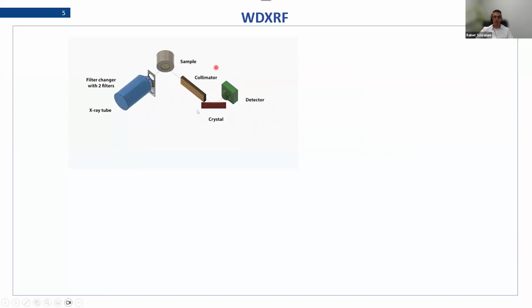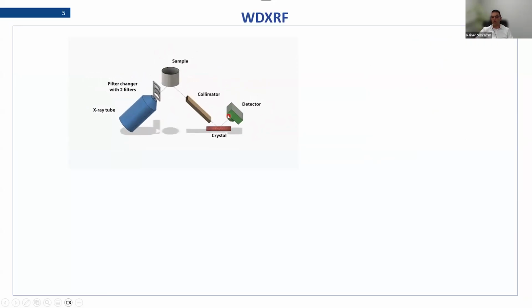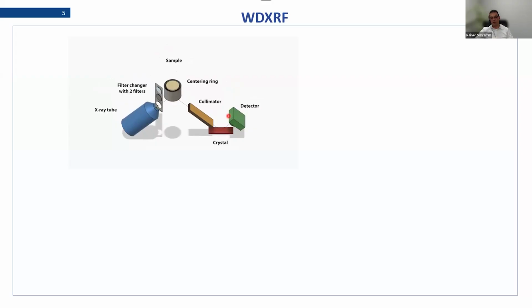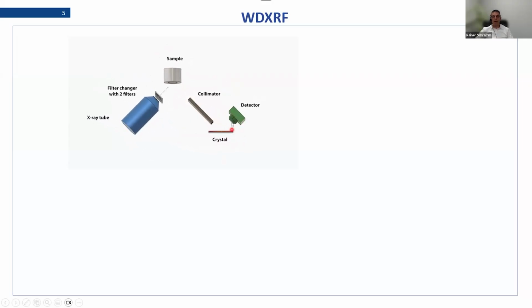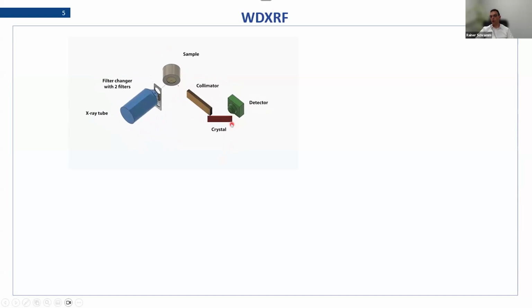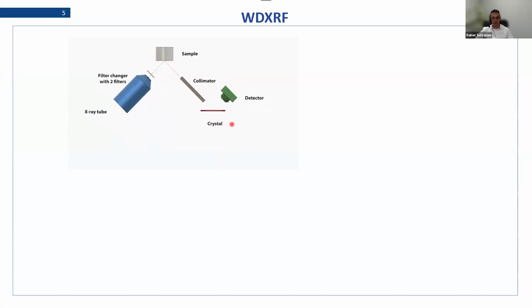So that means in our measurement here, in the detection, only one single wavelength is detected. And the way this is done is that we use a crystal which is reflecting the signal from the sample under a certain angle. And by changing the angle, we change the wavelength which is selected.